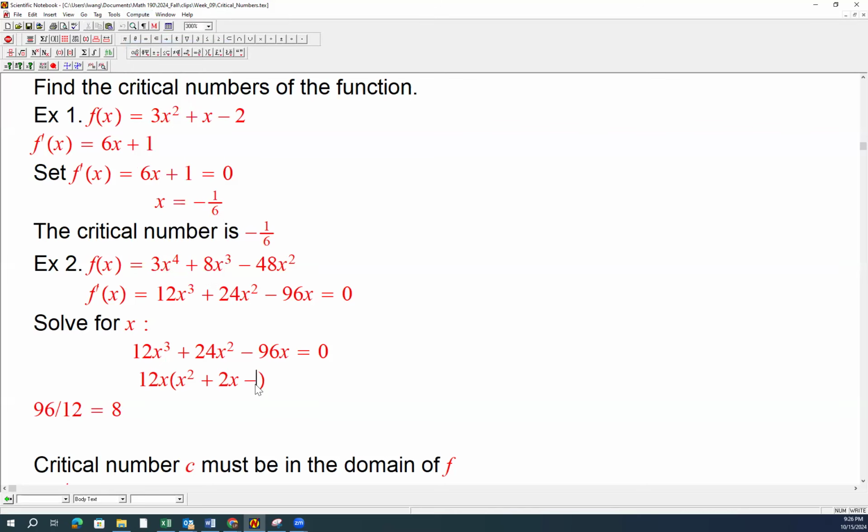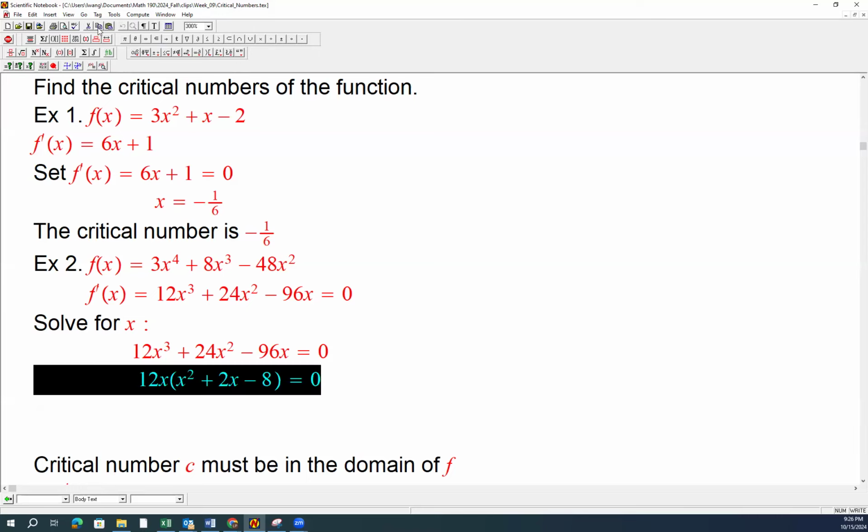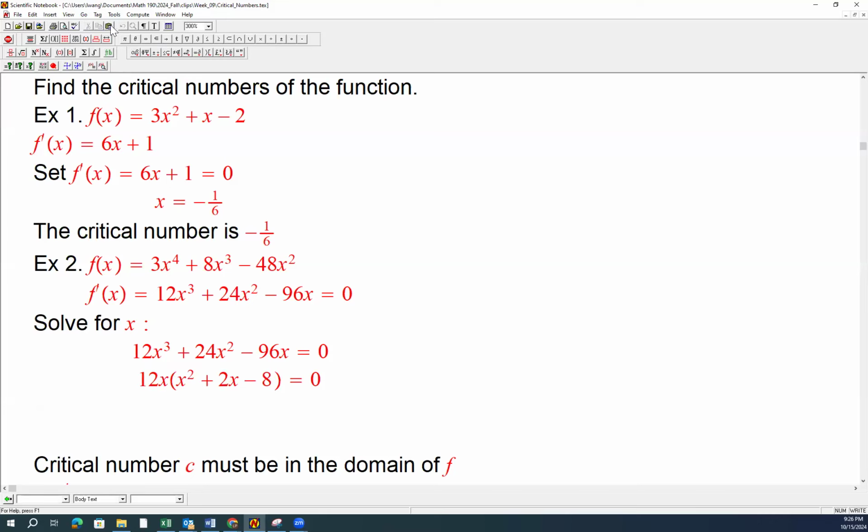Simplify, 8. Equals 0. And at the same time, you want to check back and forth, and factor one more time. What's inside the parentheses can be factored into x plus 4 multiplied by x minus 2.